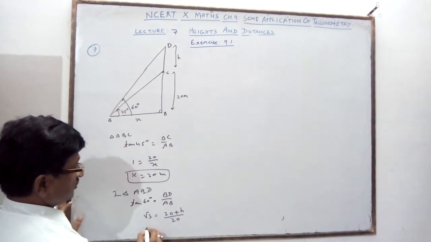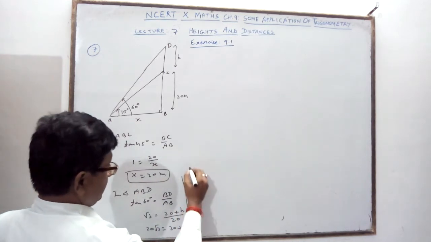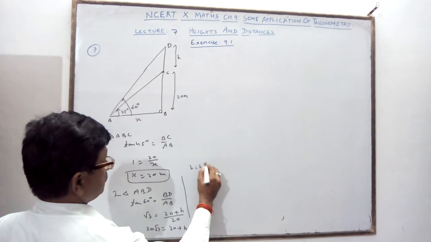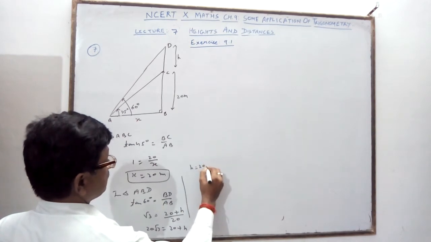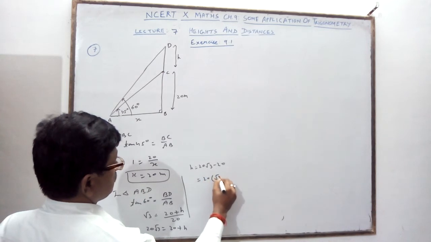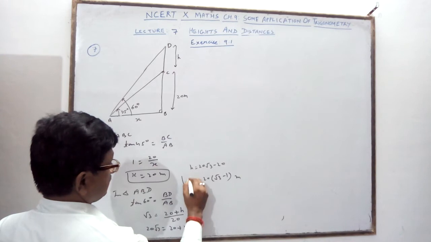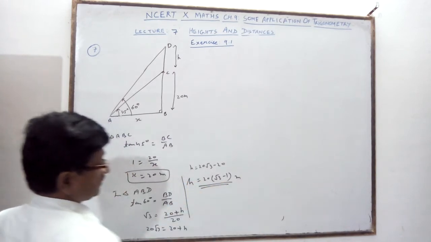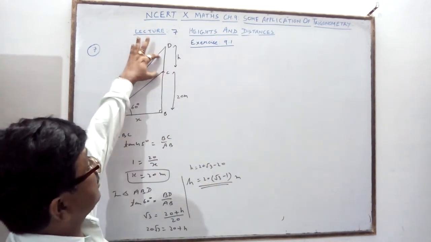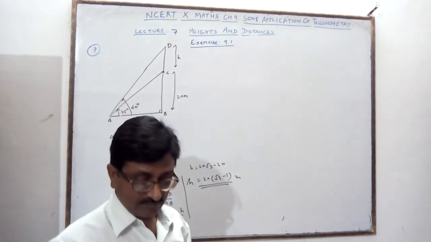So 20 root 3 is equal to 20 plus H. So H is equal to 20 root 3 minus 20, which gives you 20 times (root 3 minus 1) meter. It is the height of the tower. So it is your answer. You can write it as: height of the tower CD is equal to 20 (root 3 minus 1).